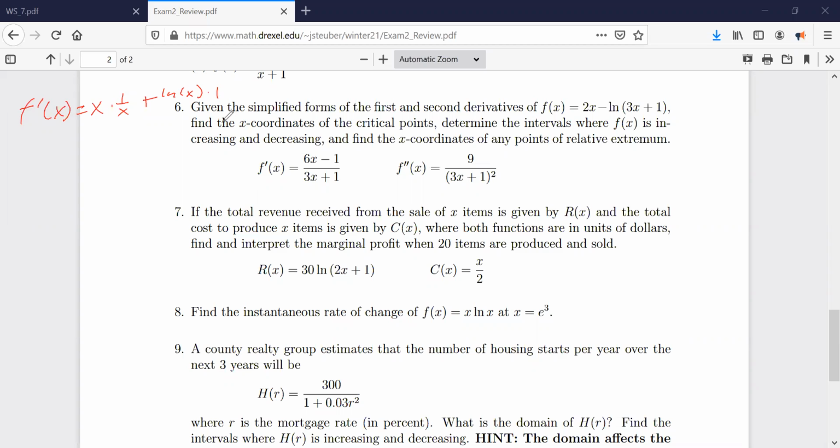So this guy cancels to 1, and I'm left with 1 plus ln of x. Now I can just plug in x equals e cubed. f prime of e cubed is going to equal 1 plus ln of e cubed, which is equal to 1 plus 3, which is equal to 4. Cool?